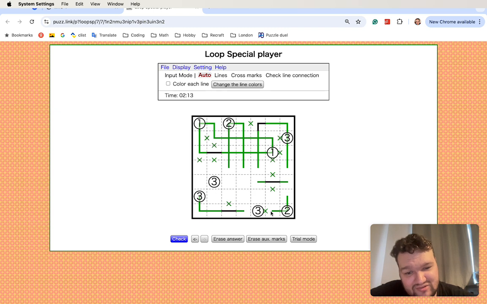Cannot go to the 3. Cannot close the loop here. No, so through this three I have to go, but as it was here, those must be different loops, because this is the loop of 3 and this is the loop of 2.